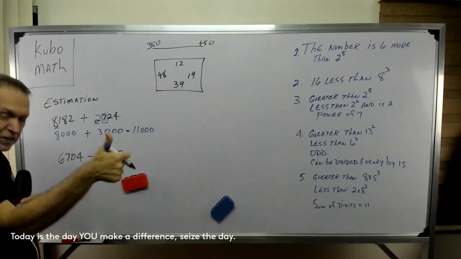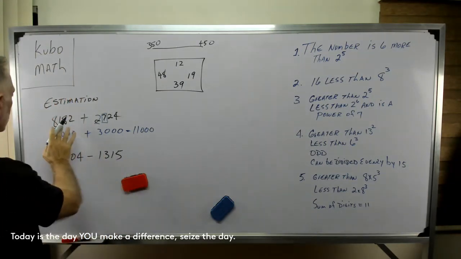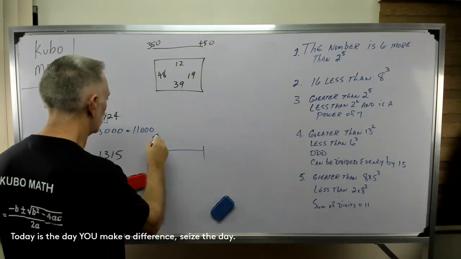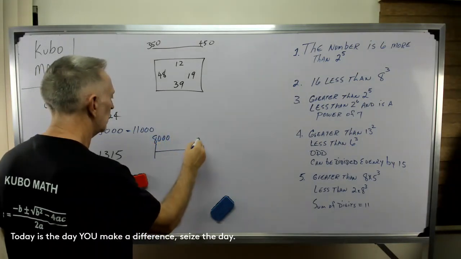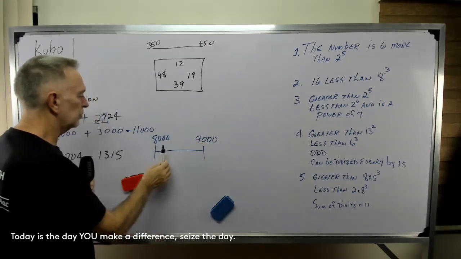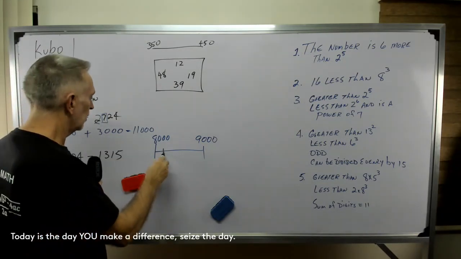That's the estimate. Now let's just look at this 8182. We're trying to figure out to the nearest thousand what the number is.